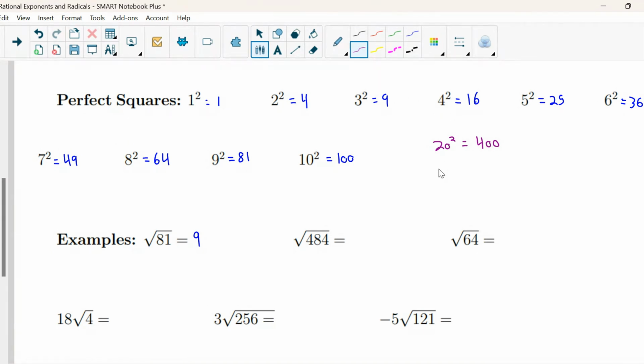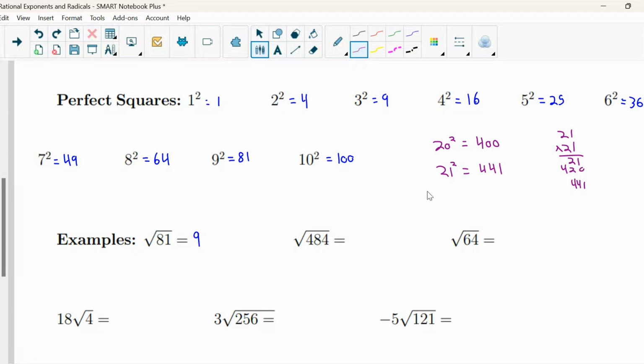So how about 21 squared? 21 times 21. I could work that out real quick. 1 times 1 is 1, 2, 2, 4. So 21 squared is going to give me 441. That's not quite 484.